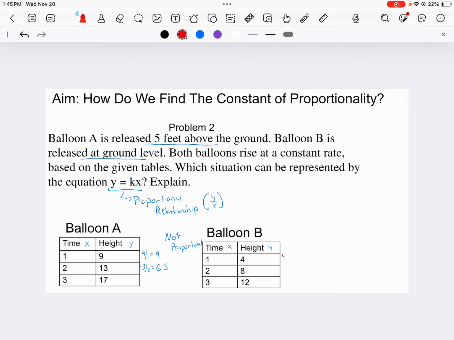Now for balloon B, 4 divided by 1 is 4. 8 divided by 2 is 4. 12 divided by 3 is 4. And since I got the same number each time, we could say that balloon B is proportional, so it can be represented by the equation y equals 4x, because 4 is my constant of proportionality.